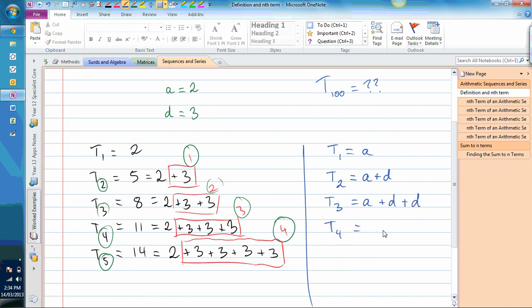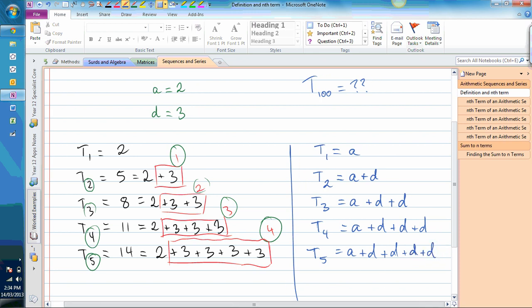The fourth term, I did the common difference plus the common difference plus the common difference again. Term 5, I'm going to add the common difference 4 times.